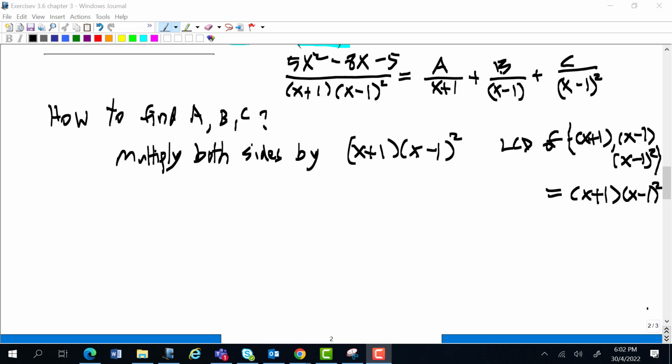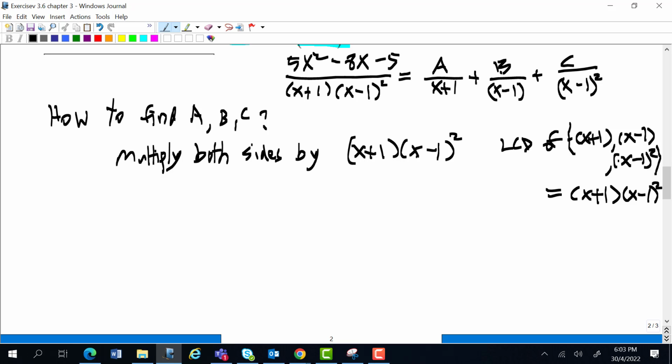Now, how do we find the value of a, b, and c? What you do is multiply both sides of the above fraction by x plus 1 times x minus 1 squared, which is the LCD of x plus 1, x minus 1, and x minus 1 squared. So you multiply by the least common denominator, which is x plus 1, x minus 1 squared.